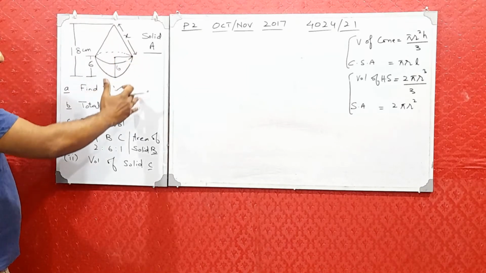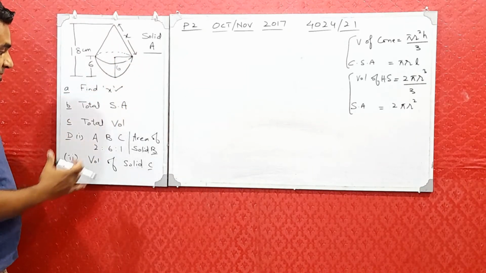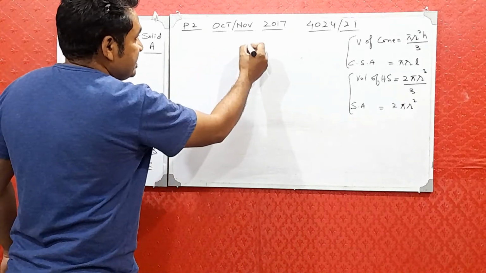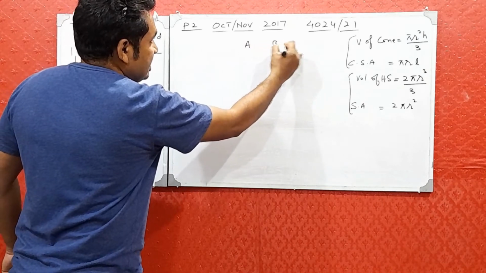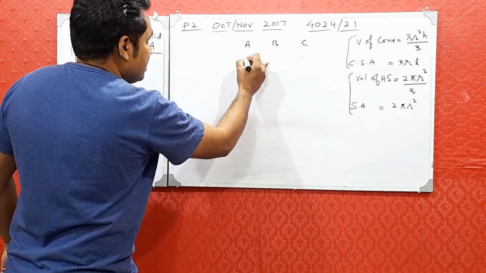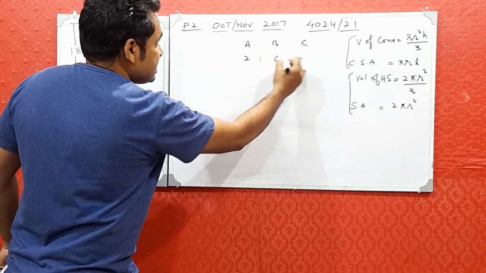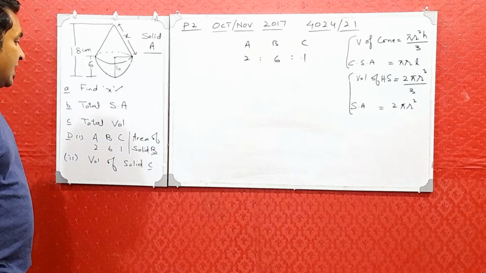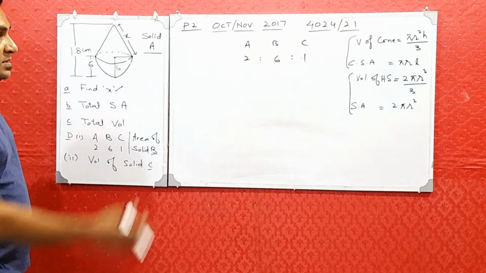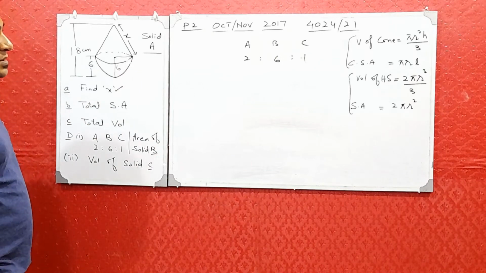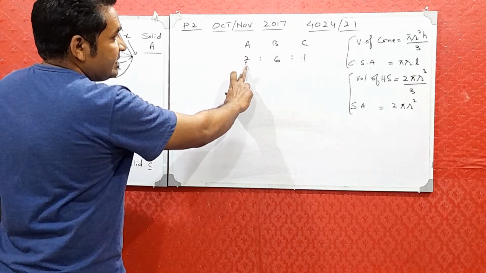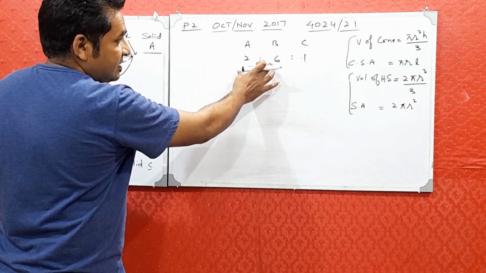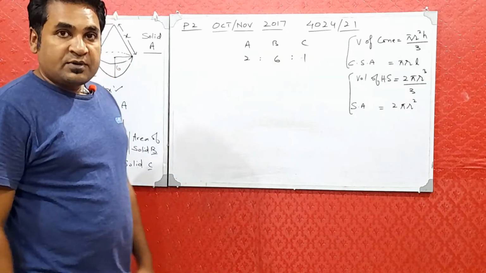One is A, the other 2 are B and C. The ratio given for these solids A, B and C is 2:6:1, and these are the ratios of their heights. If we compare A and B, these two solids, we can see similar shapes, you know the concept of similar shapes.